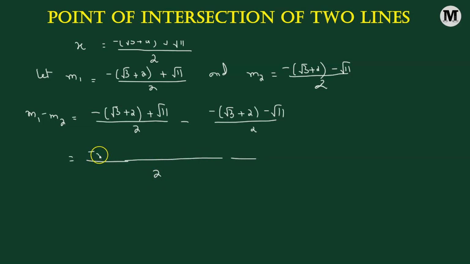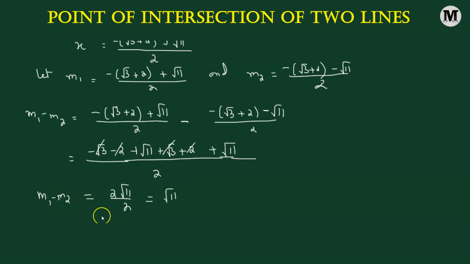In the numerator, we have negative square root of 3 plus 2 plus square root of 11, and this negative is going to make it positive, so we have positive square root of 3 plus 2. This negative sign and this negative is going to make it positive, so we have positive square root of 11. Now, negative square root of 3 and positive square root of 3 cancel out. Negative 2, positive 2 also cancel out. That leaves us with 2 times square root of 11 over 2, which is simply equal to square root of 11. So m1 minus m2 equals square root of 11.